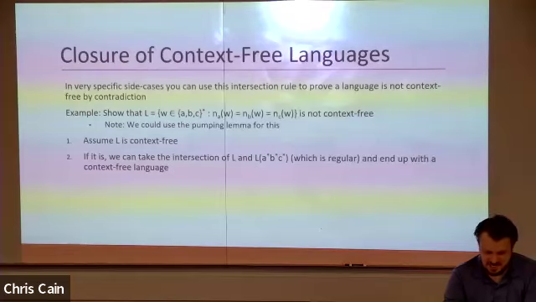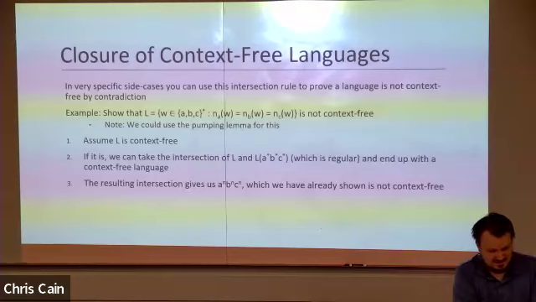If we take the intersection of the number of A's, number of B's, and number of C's, and A star, B star, C star, that says all the A's have to come before all the B's, which have to come before all the C's. We end up with A to the N, B to the N, C to the N, which in example 1, the last set of slides, we proved was not context-free. So we reduced this problem into that problem by making use of that rule.